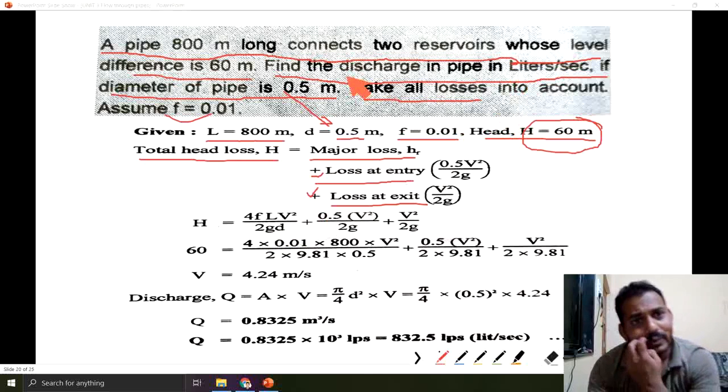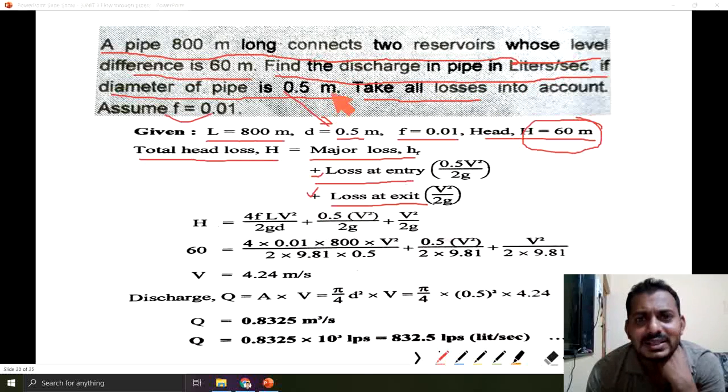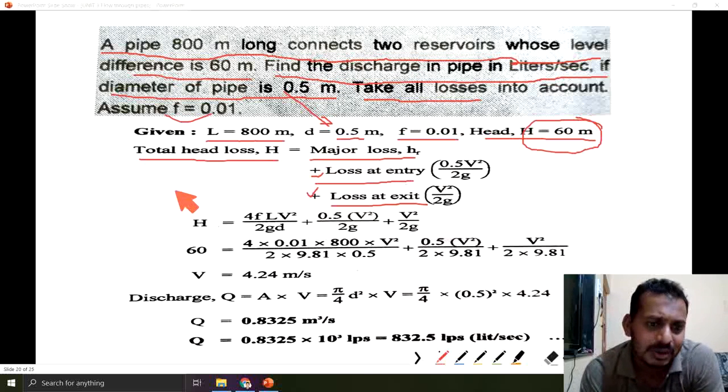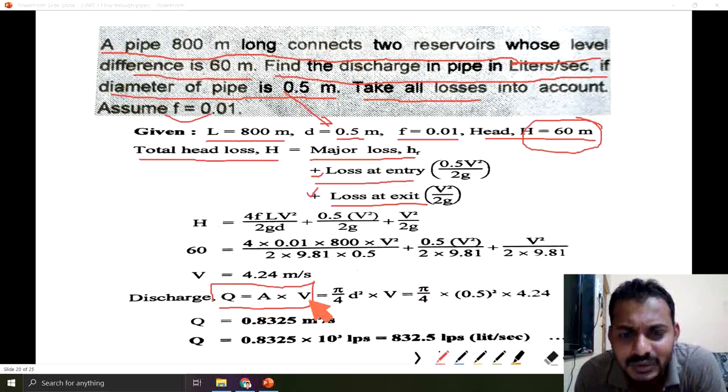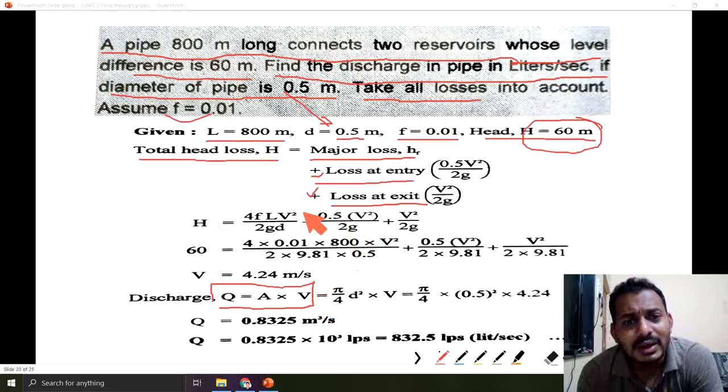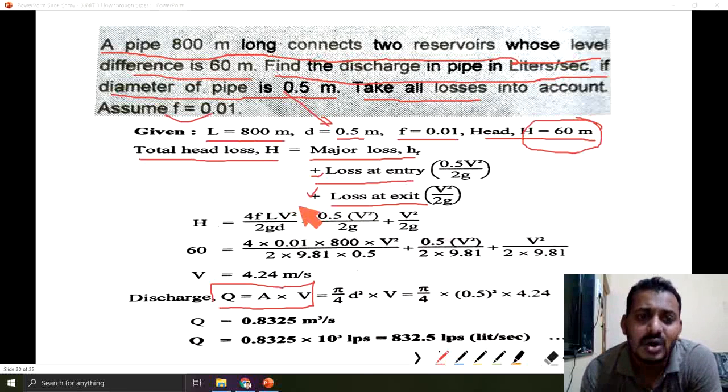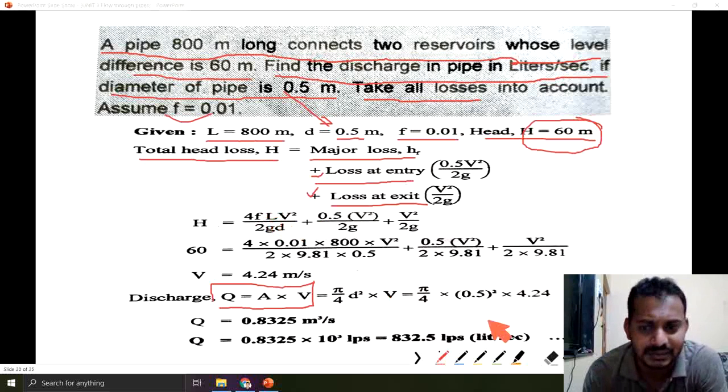Now, considering all these things, we need to find out the discharge. The discharge formula is the same thing, area into velocity. In all these major losses and minor losses, velocity is unknown. All other parameters are given.